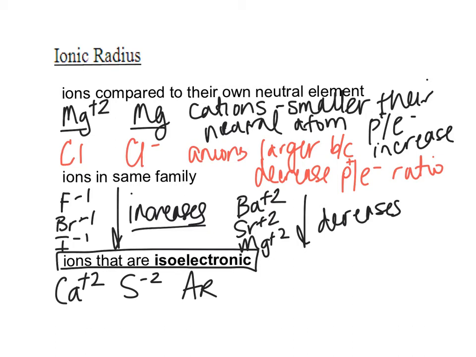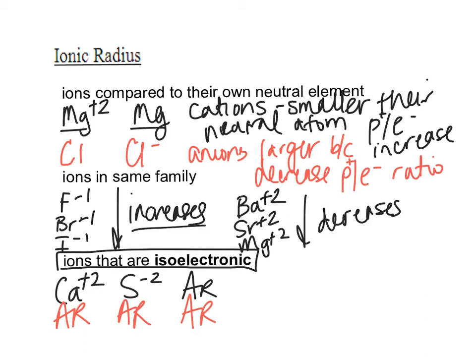So take a look at calcium plus 2. Calcium, where it normally is 4s2, if it were to become plus 2, it would lose 2 electrons and become isoelectronic to argon. Sulfur minus 2, if you add 2 electrons to sulfur, is also isoelectronic to argon. And then we're comparing argon in the mix. So all of these are isoelectronic.